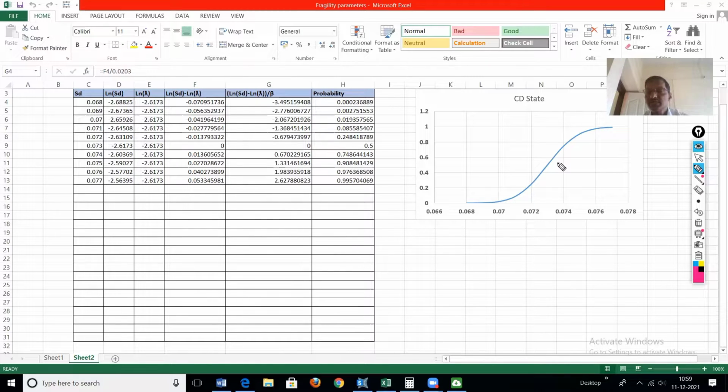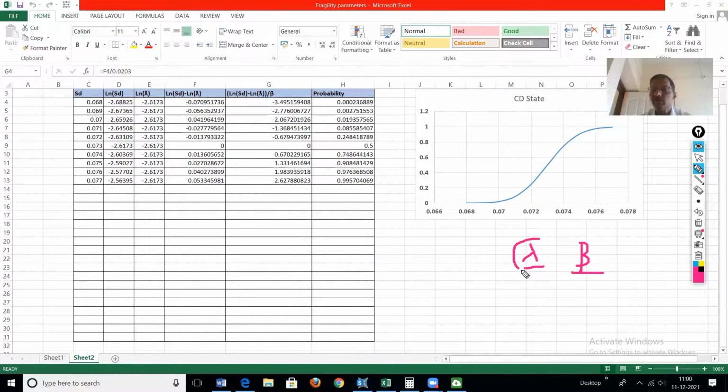First is the median of the fragility curve, denoted by lambda. And second, the standard deviation, denoted by beta. Different researchers use different notations, but mostly lambda indicates the median value of the fragility curve and beta indicates the variability.